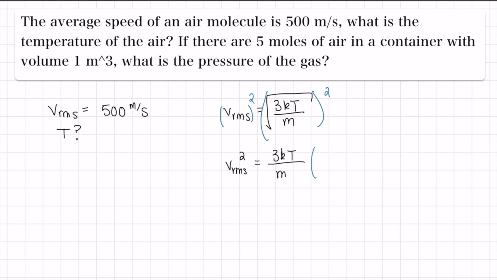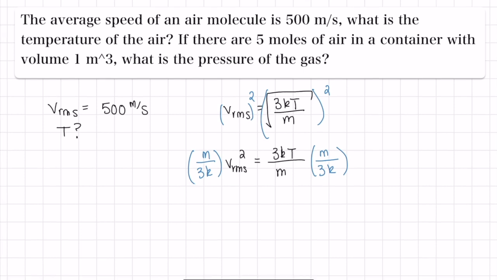And then we could multiply by the reciprocal, m over 3k, to get the temperature by itself. And then we can substitute from here. Oh, I don't know the mass of an average air molecule. Okay, I forgot to put down this, so we're going to say that the mass is 5 times 10 to the minus 26 kilograms.